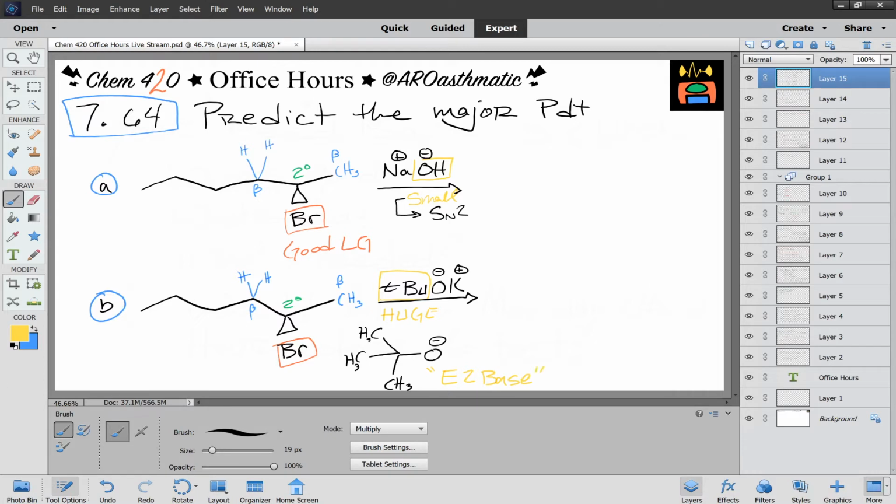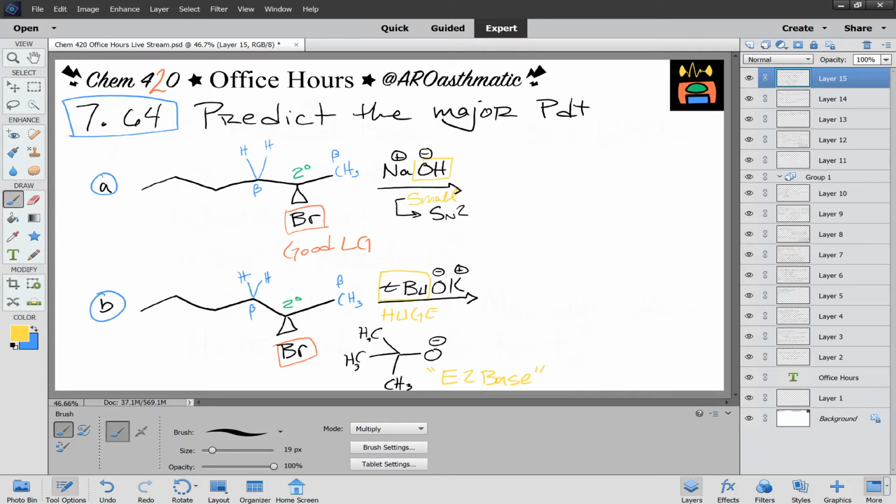The anionic oxygen is strong enough to do an SN2, but the carbon chain it's attached to is too sterically large to successfully do a backside attack on a leaving group. It doesn't matter what it's attached to. So potassium tert-butoxide will only ever do an E2 elimination.